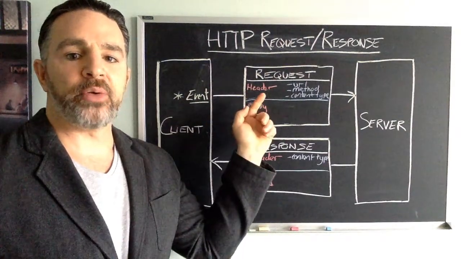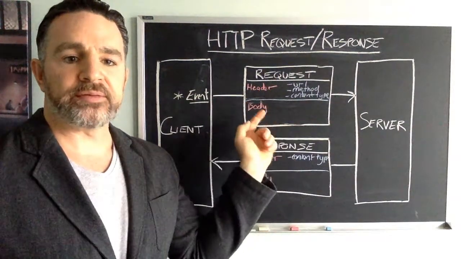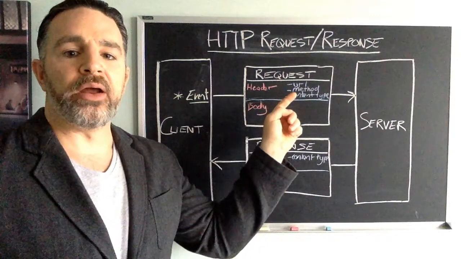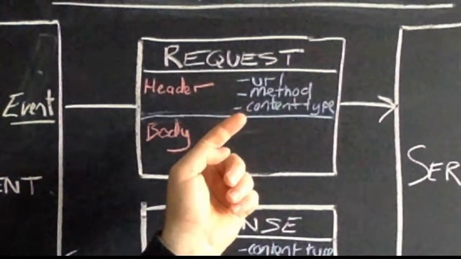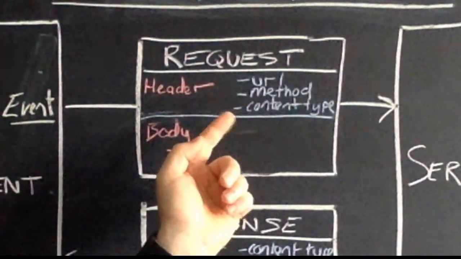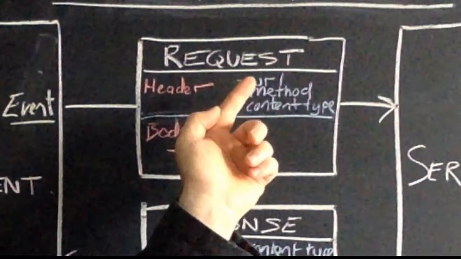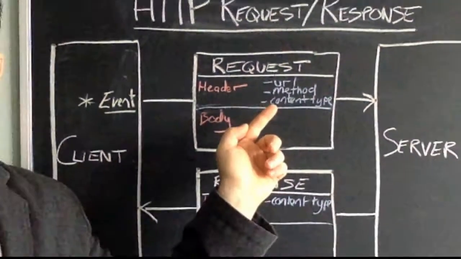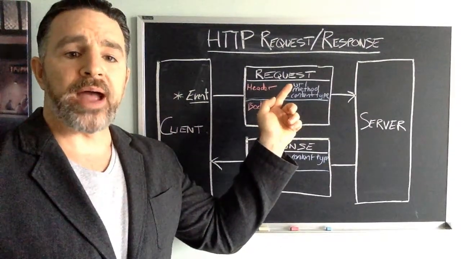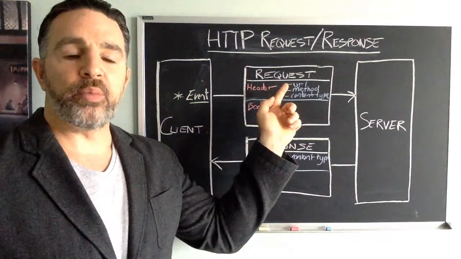Now, it was a GET request, so the request object, within a header, the three most common header fields within an HTTP header are really URL, method, and content type. So the URL was a mixture of things.